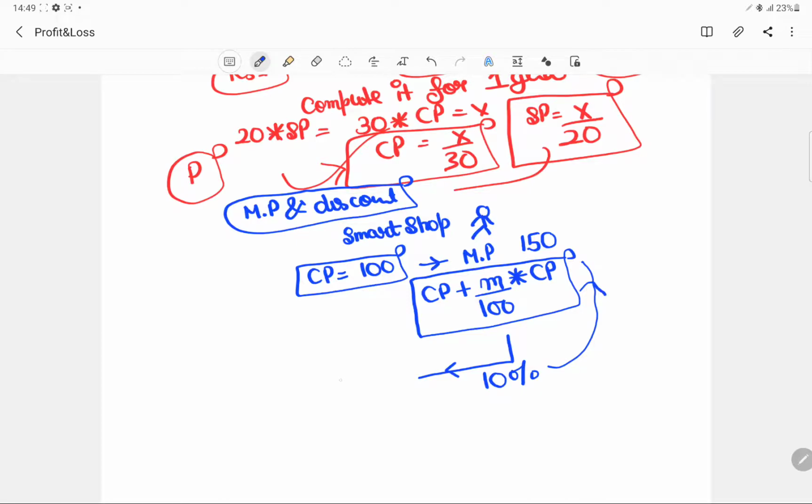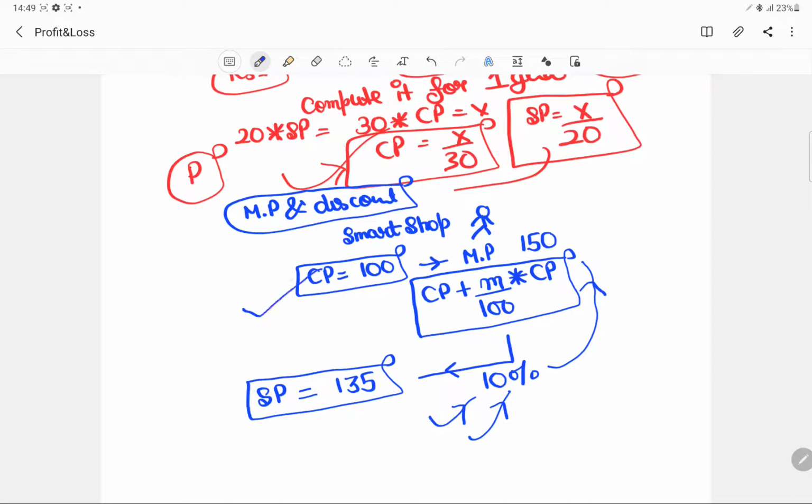So this was actually equal to 90% of 150, and that is nothing but 135, and that was the selling price. So in the actual deal, he ended up looking smart, being a genuine shopkeeper, and that is what most of the shopkeepers are doing.